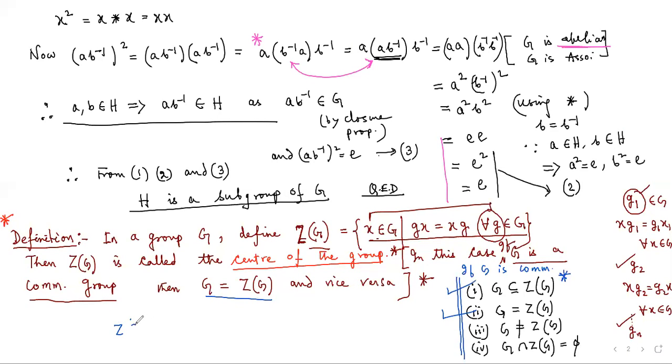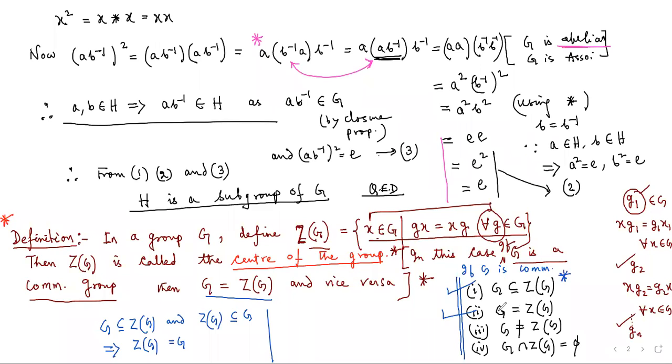Therefore, together, if we write G subset of ZG and ZG subset of G, then together they imply ZG is equal to G. So if the examiner is not cautious, then he can give you this type of question where you are not allowed to go for multiple correct options. In a competitive examination, you have to be very careful about that, because the reverse is always true by definition.